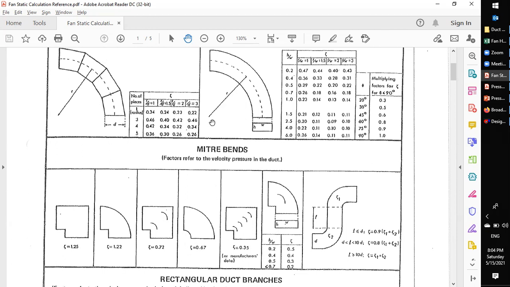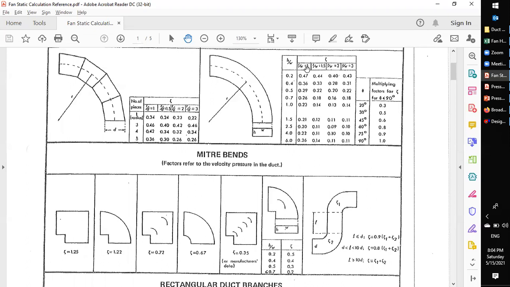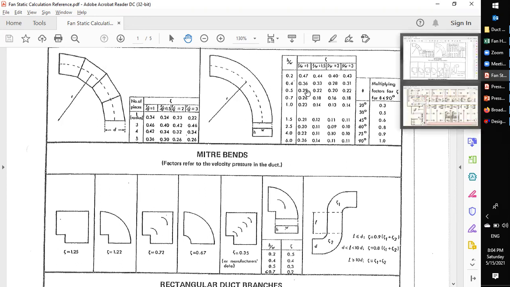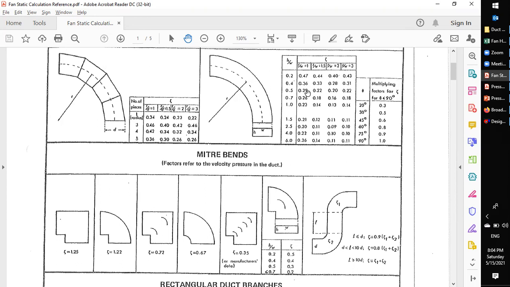If you have a different radius, you need to determine based on the height-width ratio of your ducting. Based on your height-width ratio and your radius-width ratio, you'll be able to get your K factor and then multiply by the appropriate angle of your bend. So for example, our ducting, the height and width ratio is about 2. So you'll get about around here.